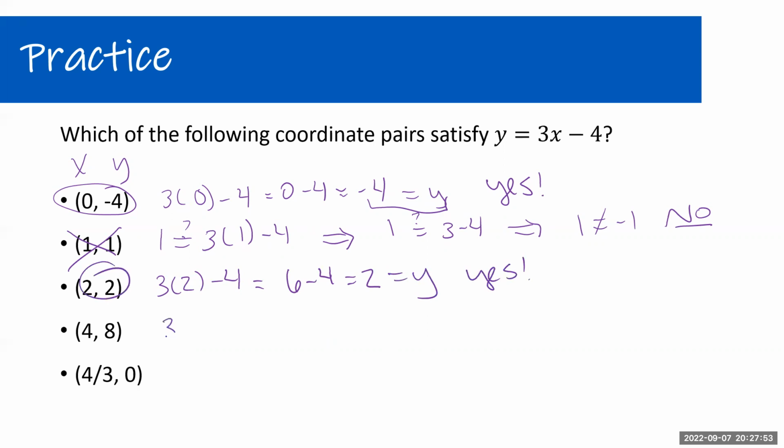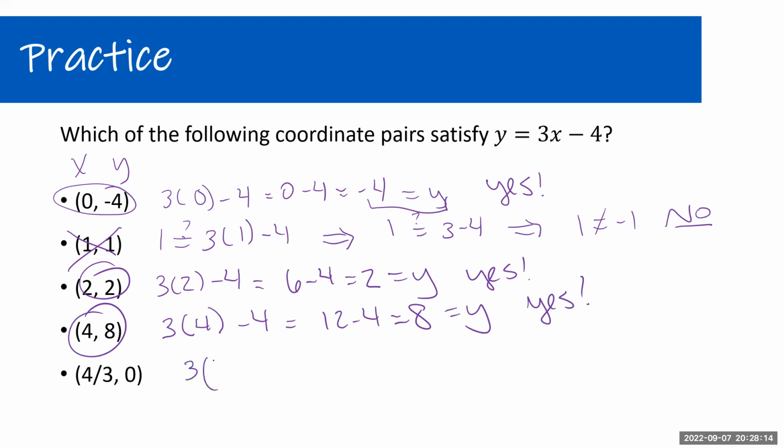4, 8 is going to be 3 times 4 minus 4 is going to give us 12 minus 4, which is 8, which is equal to the y that we had. So yes, that one is too. And 4/3, 0, this one you maybe want to use your calculator unless you're pretty good at fractions. 3 times 4/3 minus 4 is actually going to be 4 minus 4, which is 0, which is our y.